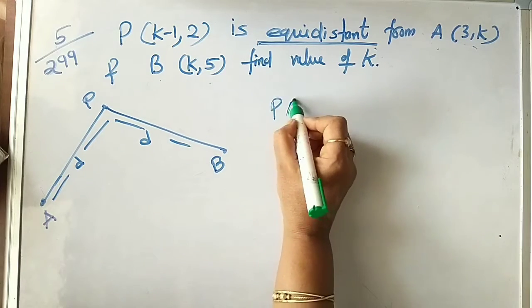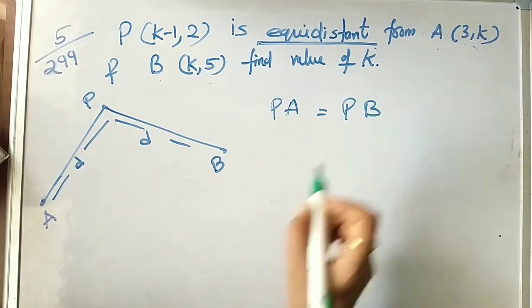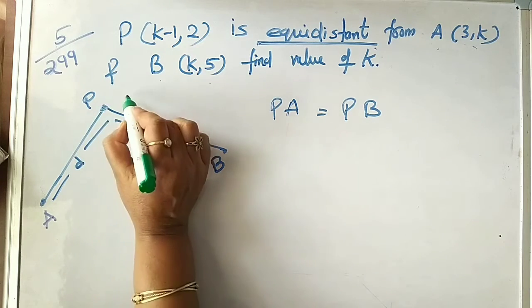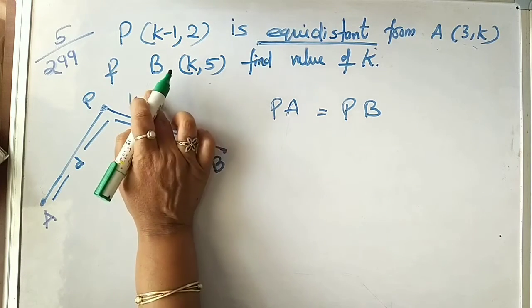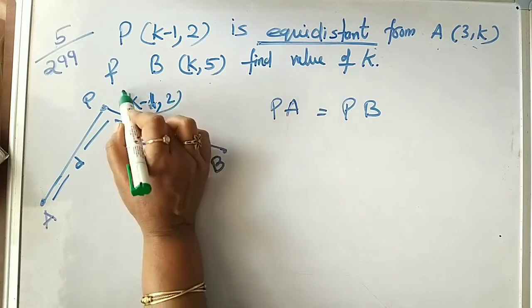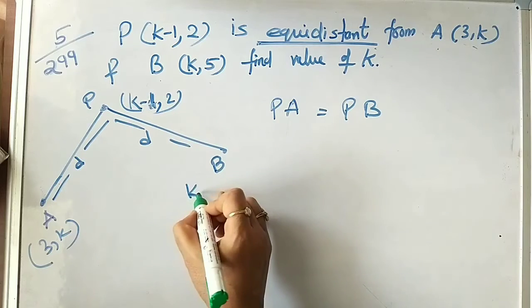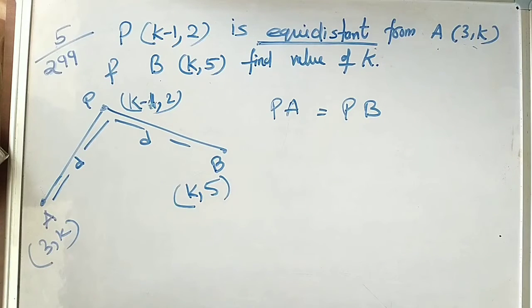So can I say PA is equal to PB? P is given as k minus 1 comma 2. A is given as 3 comma k. B is given as k comma 5.